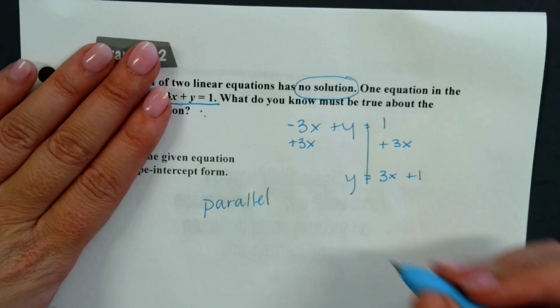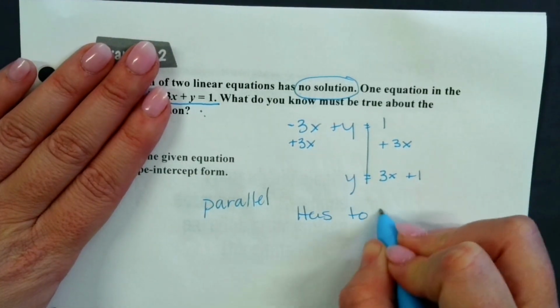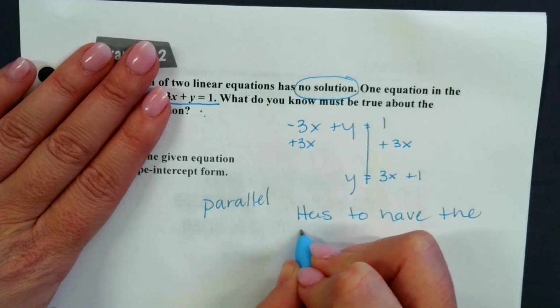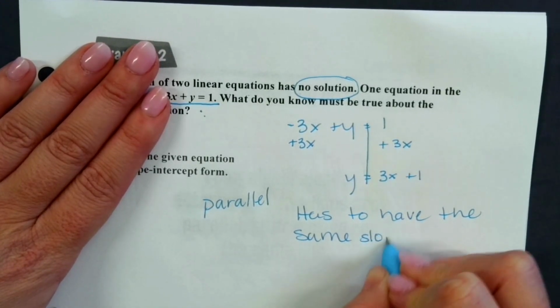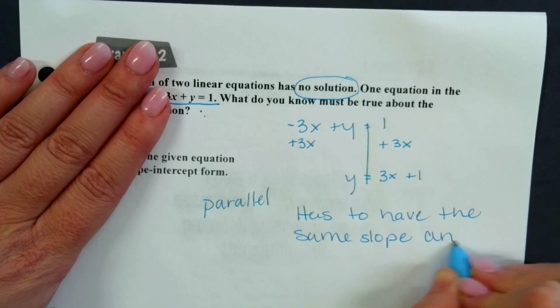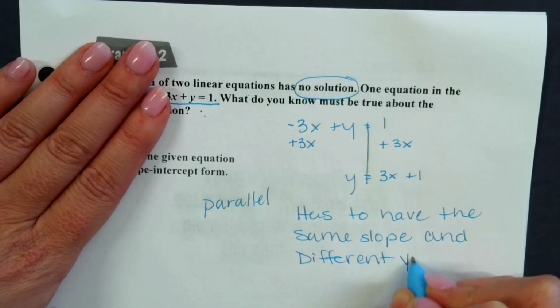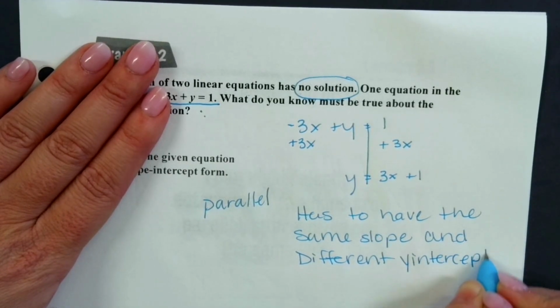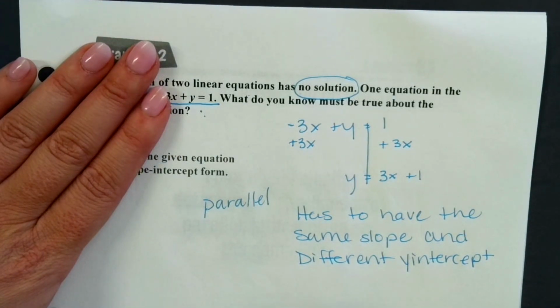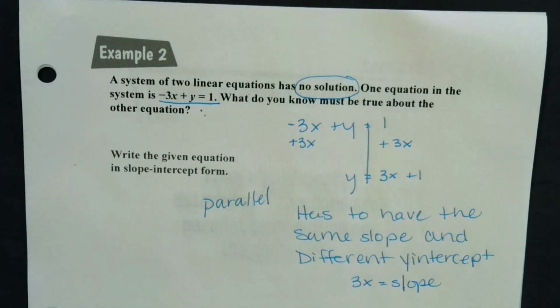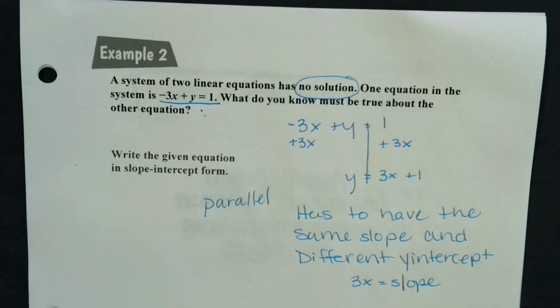It has to have the same slope and what? So I know right now, in that other equation, without a doubt, the other slope is 3. I know that. Now, the y-intercept can be anything but what?